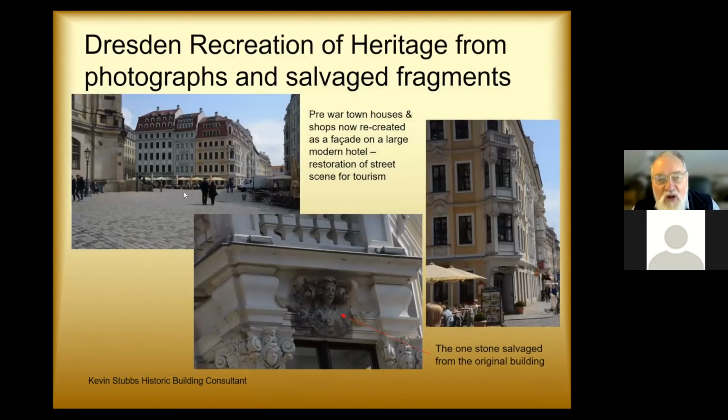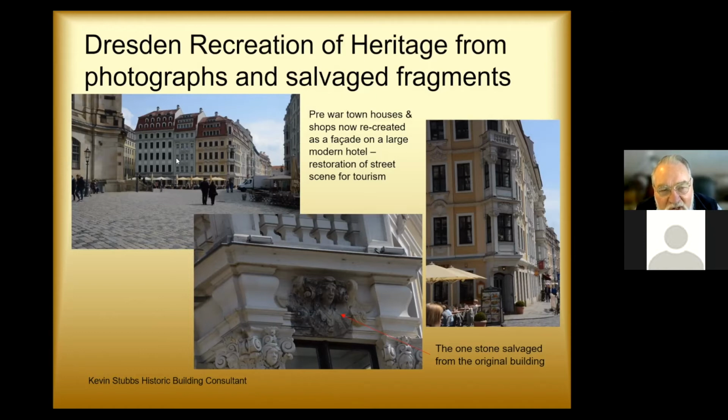The buildings around the market square, again, they've taken, working from the photographs pre-war and any architecture drawings, etc., that survived, they've recreated the townscape around the cathedral, around the market square. And so this looks again like a series of 18th and 19th century commercial buildings with their fine facades, etc. But in fact, the whole of that block is one huge hotel.